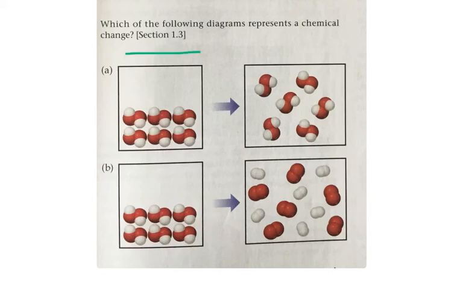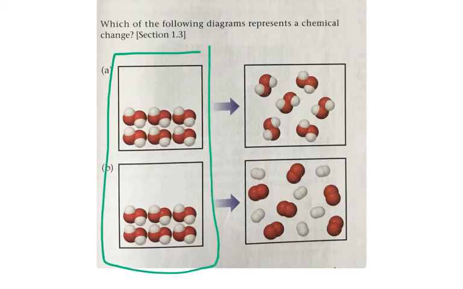So on the left-hand side of the arrow, diagrams A and B are identical. Okay, you have 6 molecules in both containers towards the bottom of the container. They're all grouped together, which suggests that they're either a solid or a liquid.